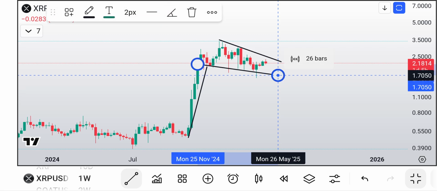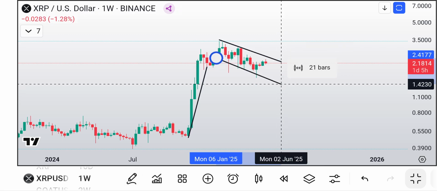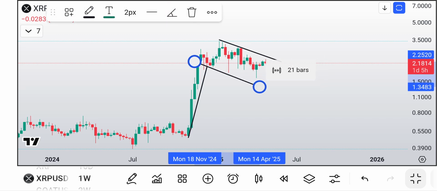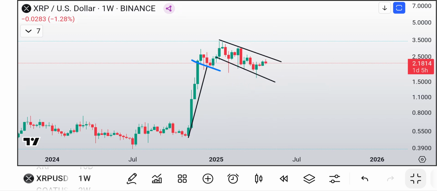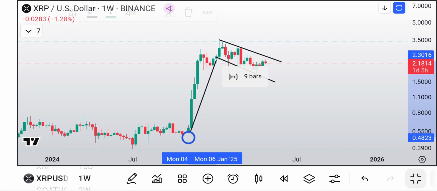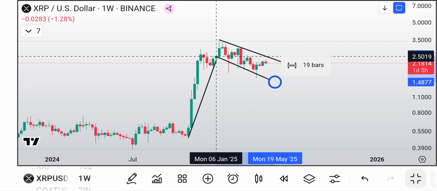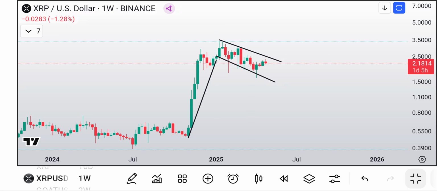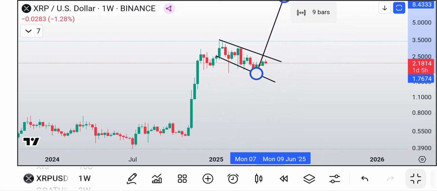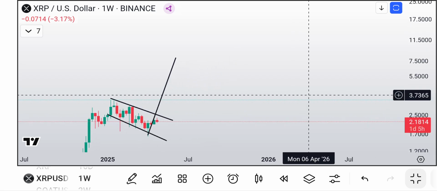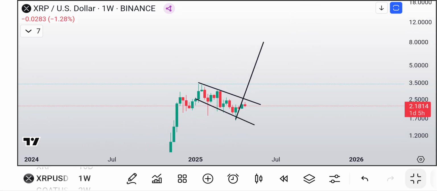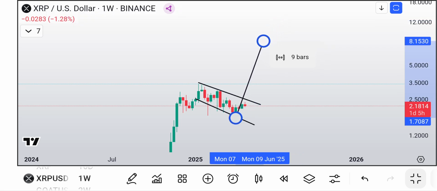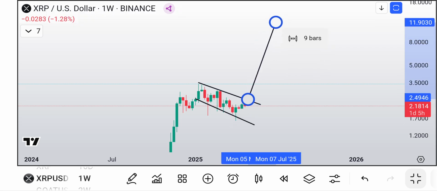It's a little subjective if you count this piece as a flag, or if you count the whole thing as a flag or just this as a flag, you get a little bit of a different number, but we'll just do it right about there, good enough, I think. All right, so then I'll take the flag and I'll put it right there, and that gives us about $8 or so. Now some people put it up here.